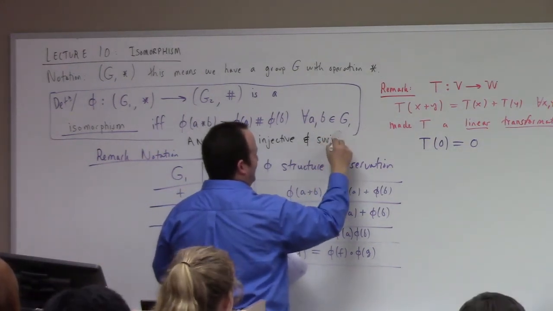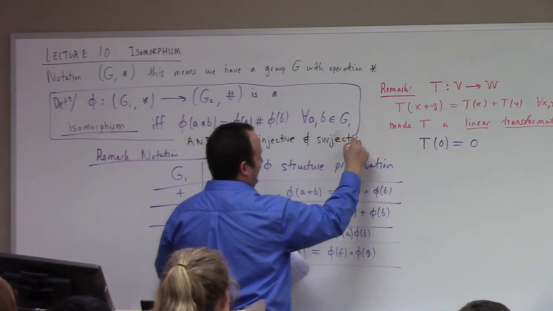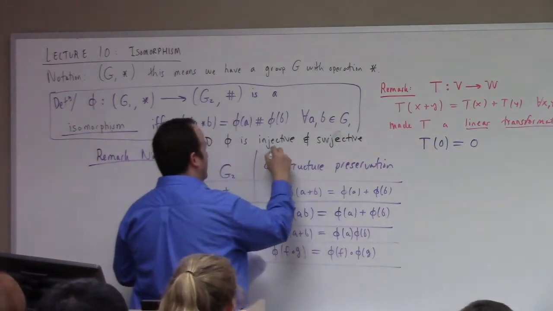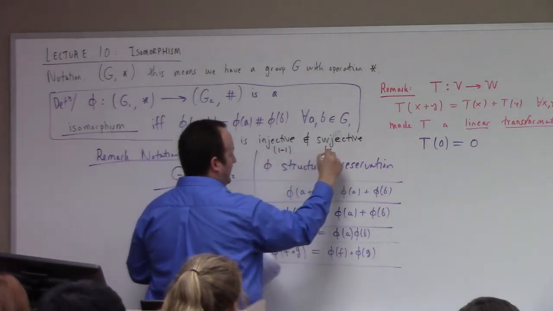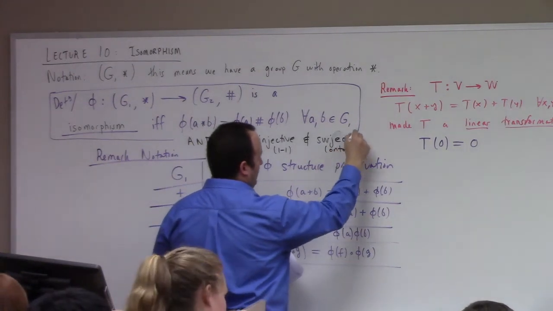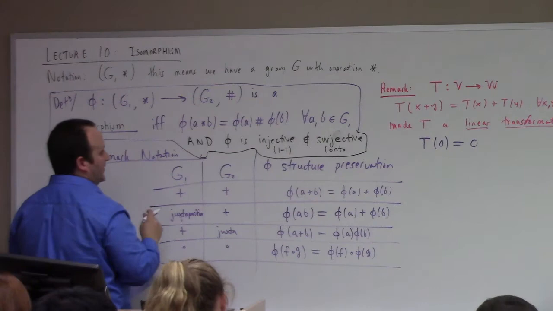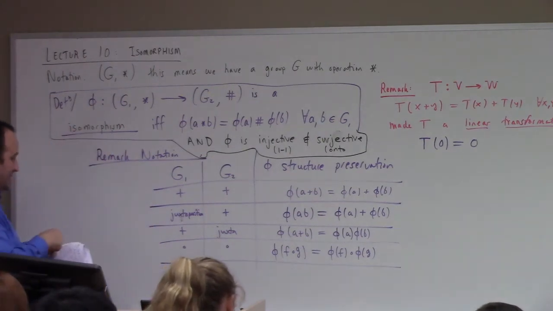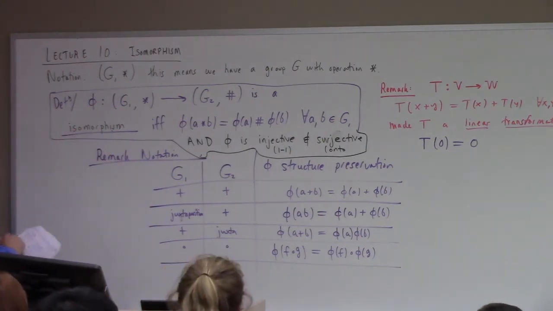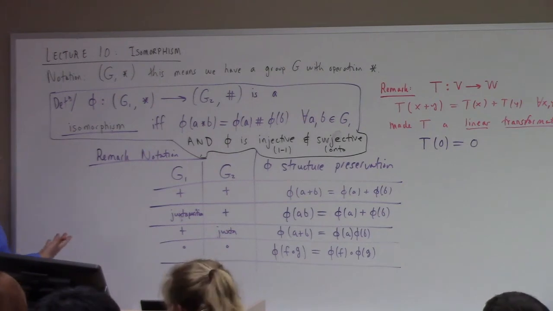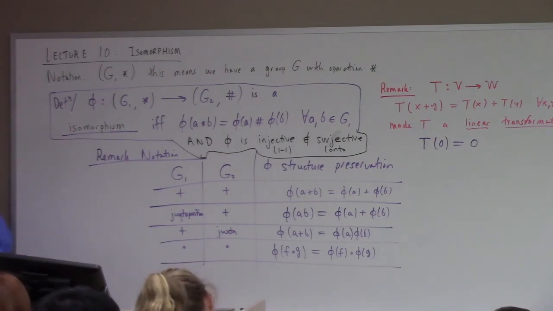I was about to write surfjective. Good job. In other words, if it's 1 to 1 and onto. Sorry, my box is losing its integrity. So an isomorphism is a homomorphism which is also a bijection.